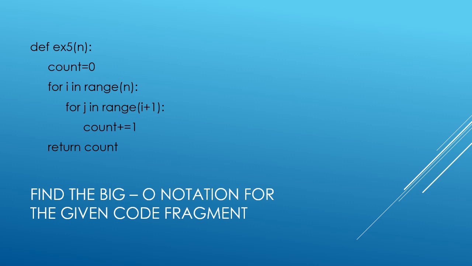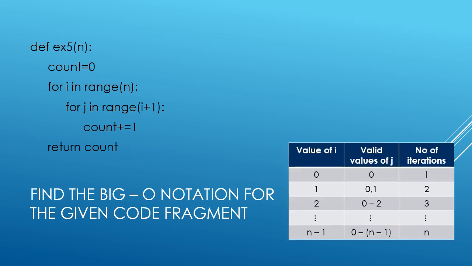The inner for is different from the previous fors we have seen, because the iterations of the inner for depend upon the value of the counter variable of the outer for. How do we go about this? Let us make a table.